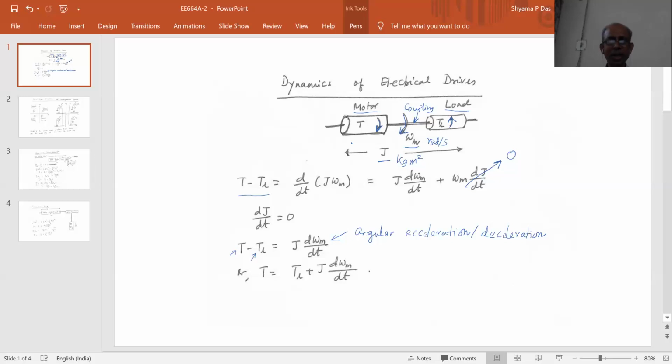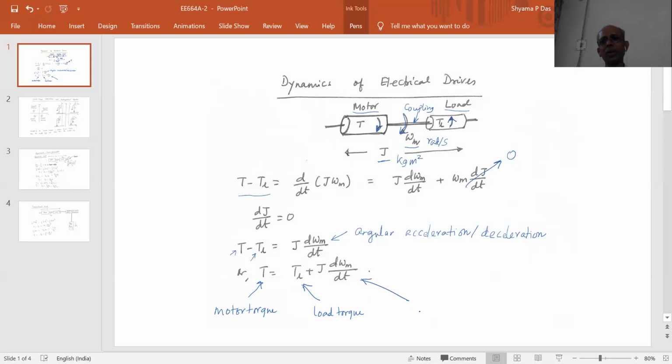So exactly in the same way, the motor torque is equal to the useful load torque plus the inertial torque.